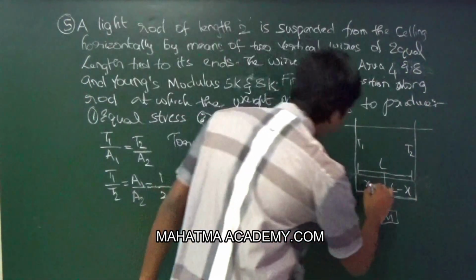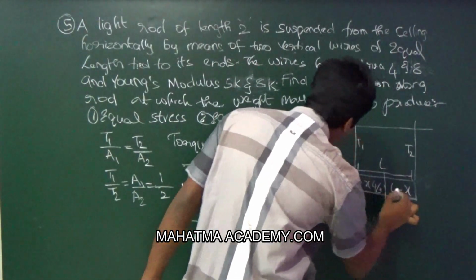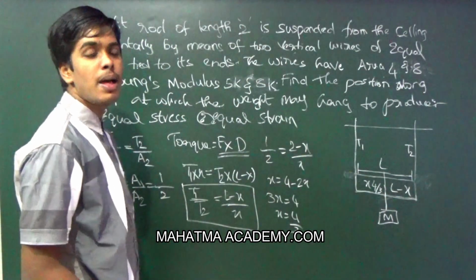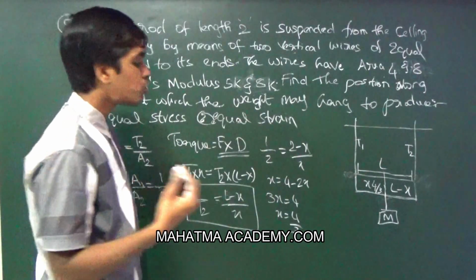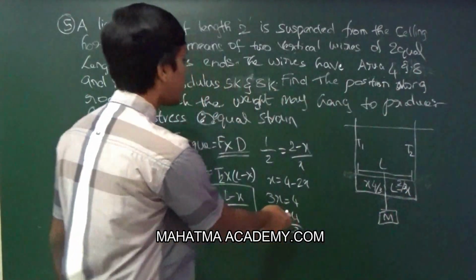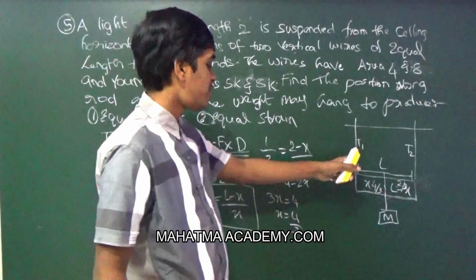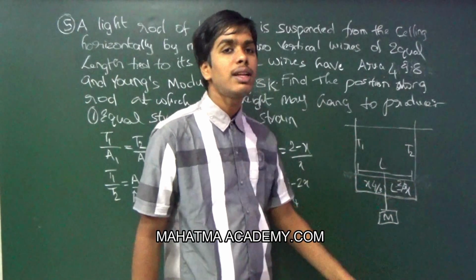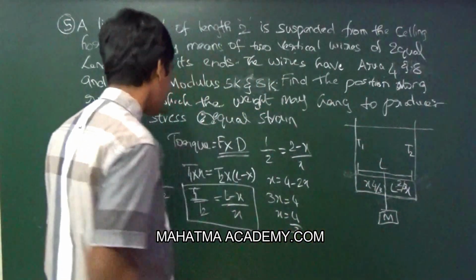So its length is 4 by 3, and the other is 2 minus 4 by 3, that means 6 minus 4, so it will become 2 by 3. So T1 is at distance 4 by 3 and T2 is at distance 2 by 3.